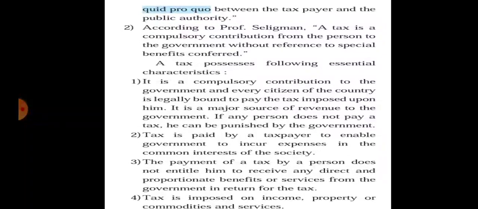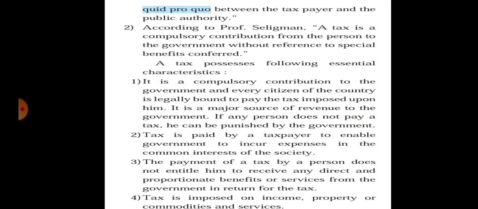Some essential characteristics are the most important. First, it is a compulsory contribution to the government, and every citizen of the country is legally bound to pay the tax imposed upon him. It is a major source of revenue to the government.